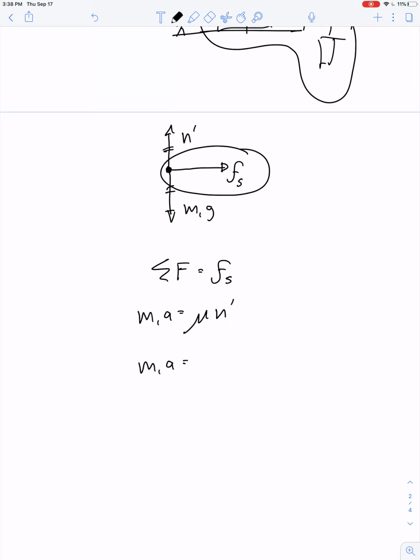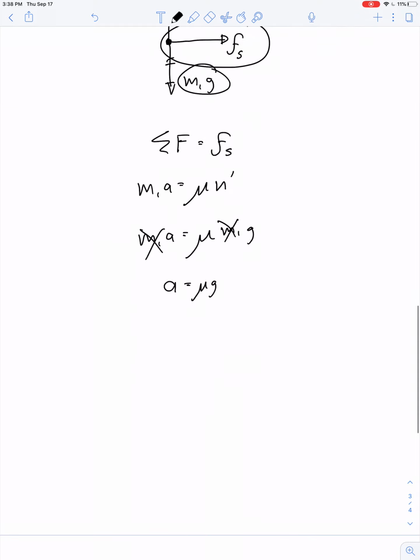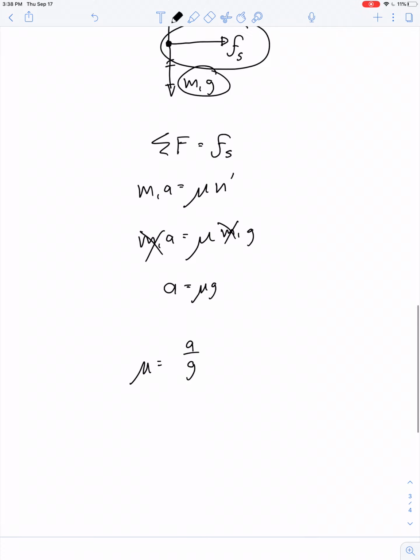So m1a is equal to mu times m1g. We can cancel out the m1. So a is equal to mu g. So mu is equal to a divided by g.